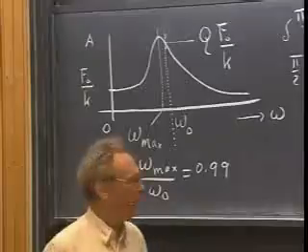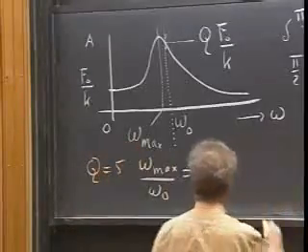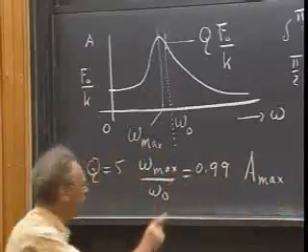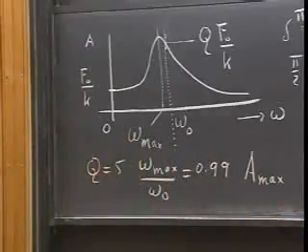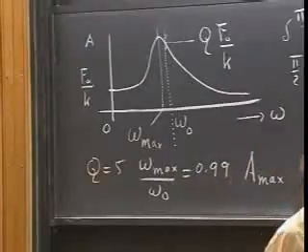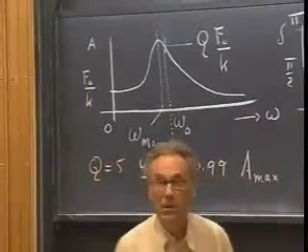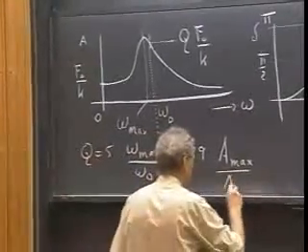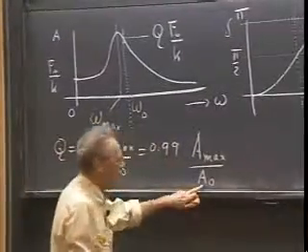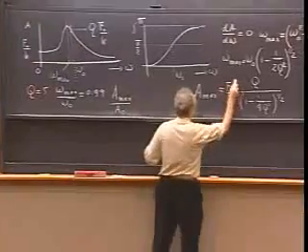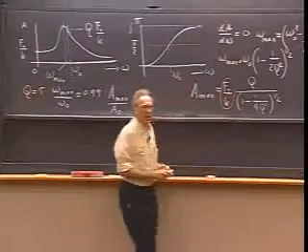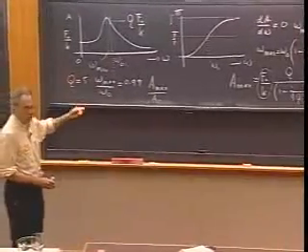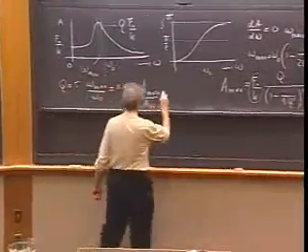And then, if you want to know now what A max is, you would think that A max is very close to Q times F0 over K, but it is not exactly Q times, it is a little larger. So if we find A max divided by A0, where A0 is meant to be the amplitude when omega equals 0, that is a shorthand notation, this number is not Q, a little higher, it's now 5.03.